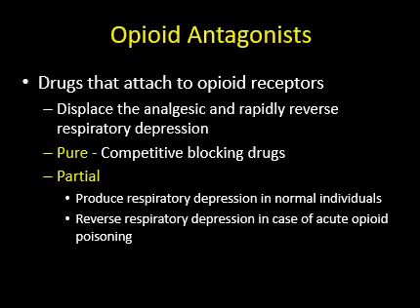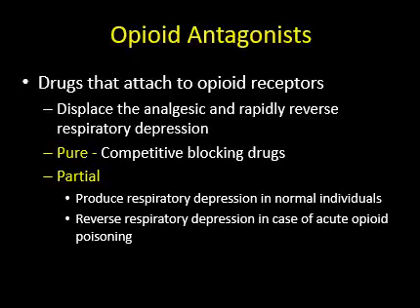Now, if you look in the literature, or if you're familiar clinically with some of the partial antagonists that are out there, butorphanol, nalbuphine, pentazocine, these have two actions on the respiratory system. These drugs can produce weak morphine-like effects in normal individuals, still resulting in some respiratory depression.